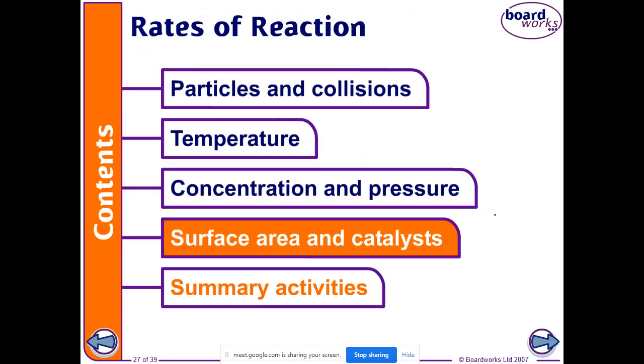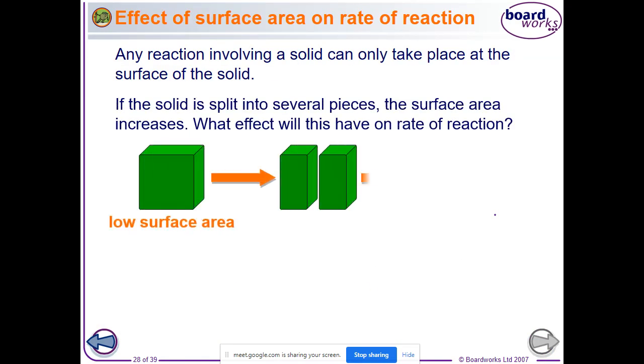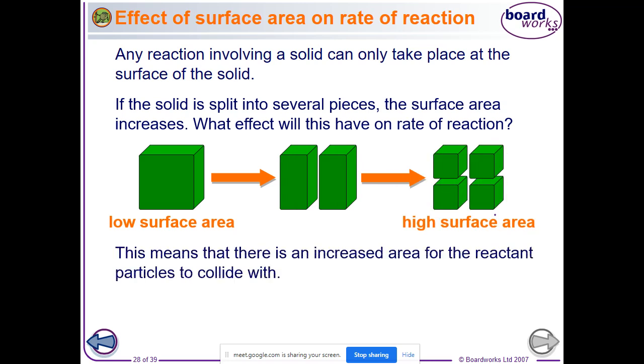Okay, next part. Surface area and catalysts. You already know what surface area is, where you increase the surface area. Increasing the area would mean the reactants have more space to react, right? Clear?